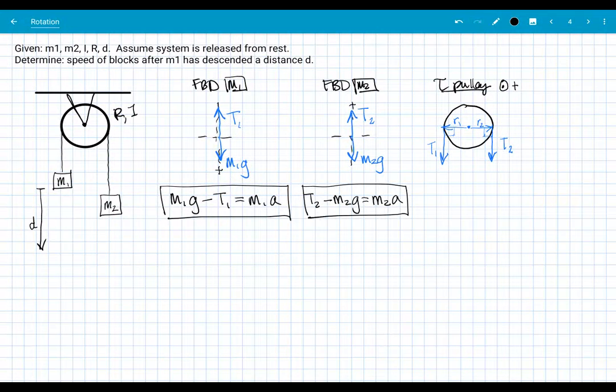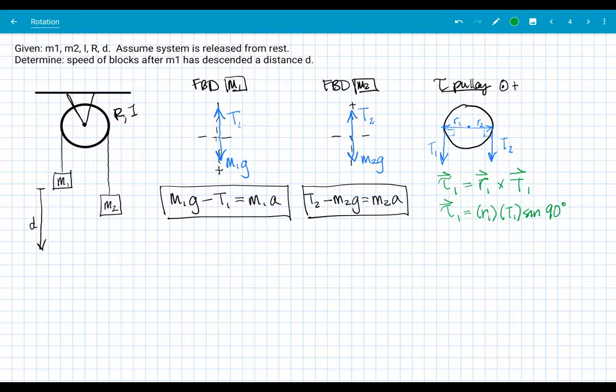Now I get an equation for my pulley diagram. So that's cool. I'm going to figure out my torques first, though, okay? So I'll figure out what I'm going to call torque 1 here, and that's going to be R1 crossed into T1. All right, so I want you to just conceptualize that. So torque 1, that's going to give me magnitude of R1, magnitude of T1, times sine of 90 degrees.